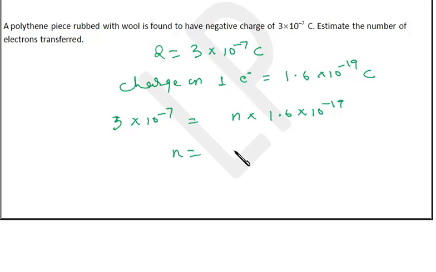So N is 3 into 10 raised to power minus 7 by 1.6 into 10 raised to power minus 19. Now we can calculate it. So 3 upon 1.6 will be 1.8 into 10 raised to power minus 7 plus 19, that's 10 raised to power 12. So the total number of electrons is 1.8 into 10 raised to power 12. The charge on one electron is this, so this into this is the total charge. I hope you are clear.